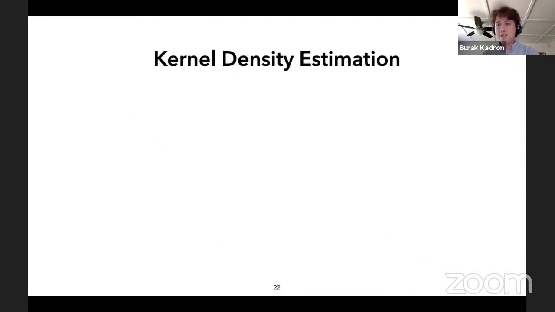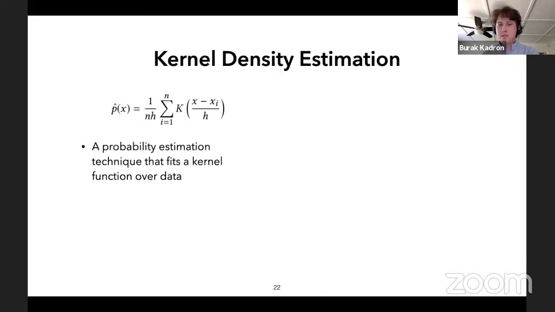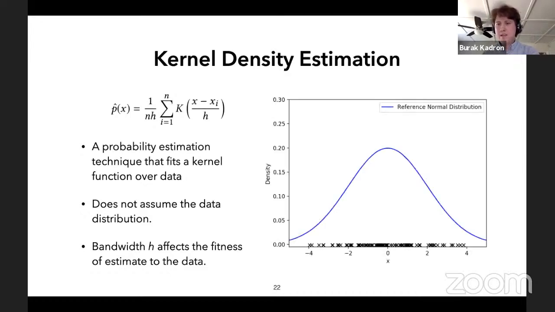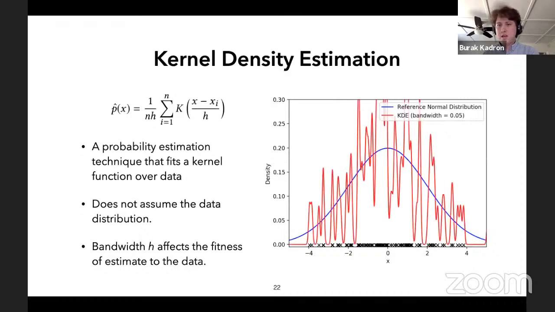So we use kernel density estimation for it, where it's a probability estimation technique that fits a kernel function over data, and it does not assume the data distribution, and which has a parameter H, bandwidth, that affects the fitness of estimates, so that if we had 100 points generated over this reference distribution with 0.05 bandwidth size, we get a very noisy estimation.